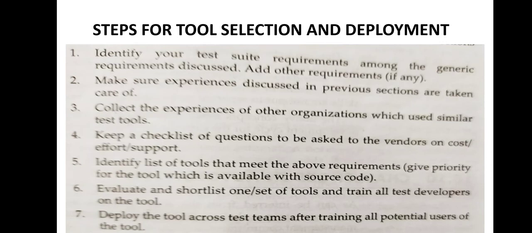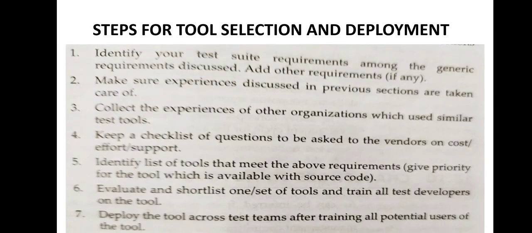You can see on this slide, the first step is to identify your test suite requirements among the general purpose requirements and add some other requirements if you have. Make sure your experiences are taken care of. Collect all the experiences from different people and use similar test tools, those that match your requirements and experience.